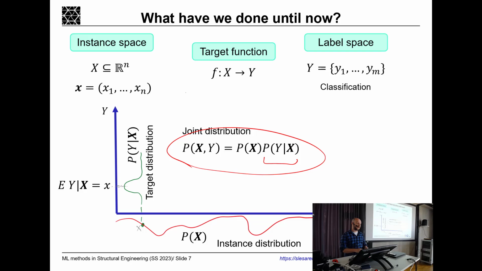So we calculate this distribution on both domains, on the instance space and the label space. It can be written as a probability on instance distribution and conditional probability of Y assuming X.